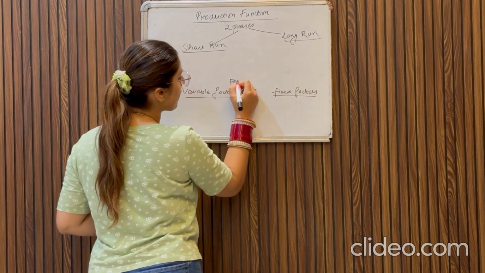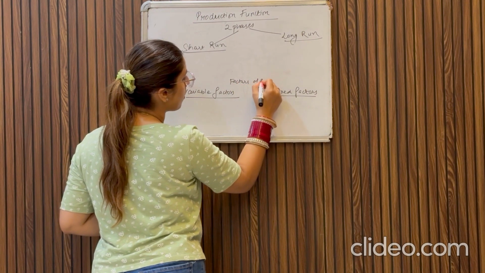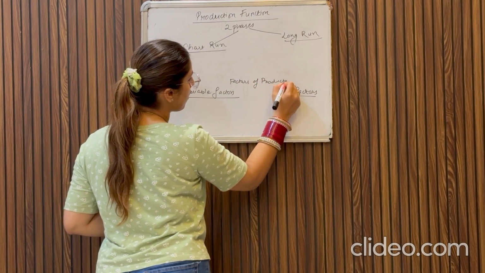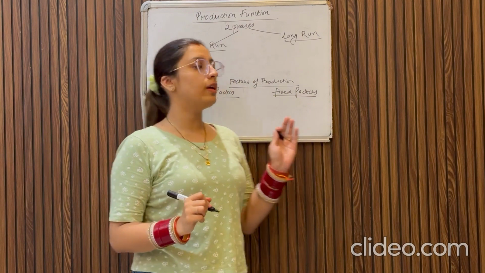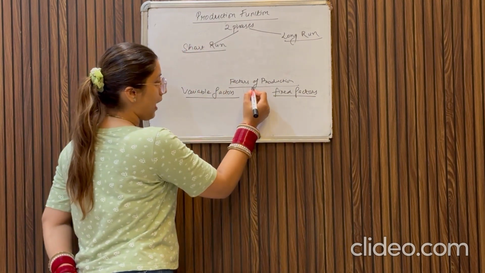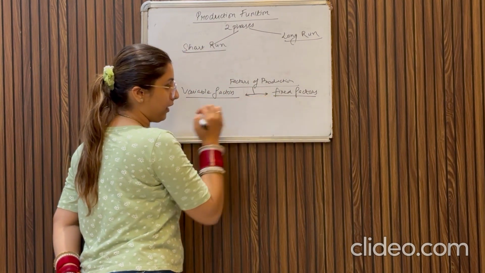These are basically your factors of production. Factors of production are the inputs which will be used to produce the output. So they have been divided into these two categories.